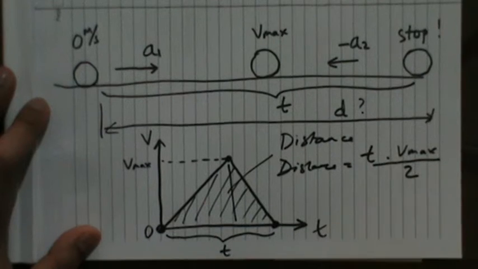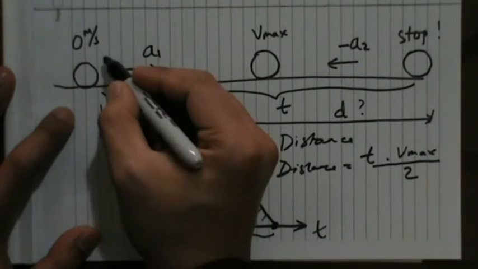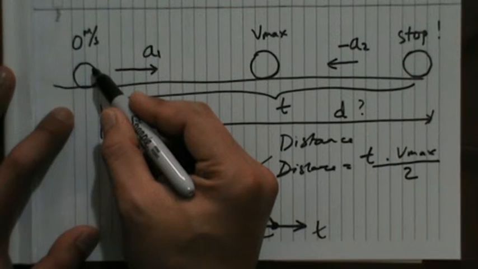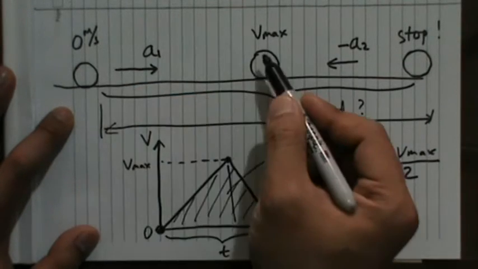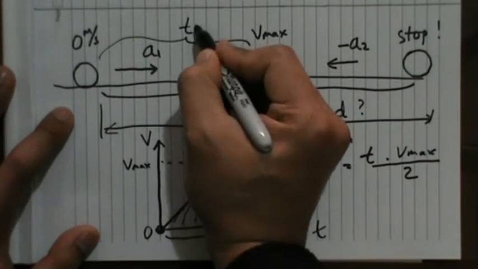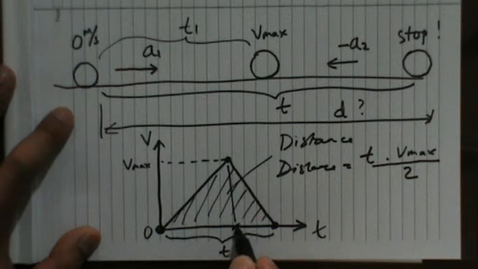Now we will calculate the distance from here, but we need a help. What I mean by help is, let's say the time needed from the beginning until it gets to Vmax is t1. So the time from here to here, this is t1.